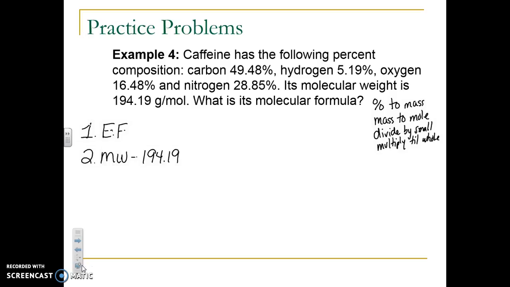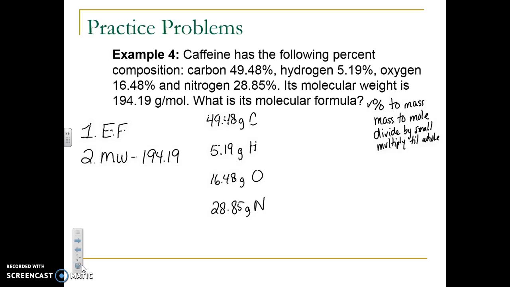Okay, so first off, we need to change our percent to mass, so we just change the percent signs to grams. So 49.48 grams of carbon, 5.19 grams of hydrogen, 16.48 grams of oxygen, and 28.85 grams of nitrogen.